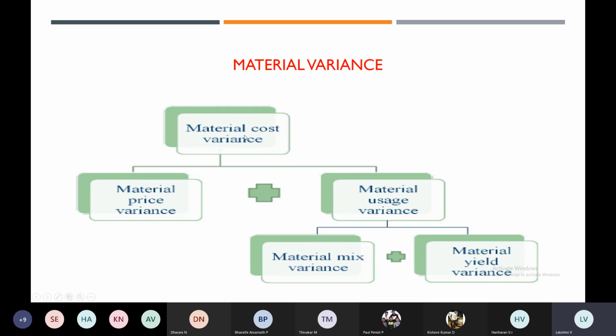Okay, so material cost variance na material price variance or material usage variance or சேர்ந்தது தான் material cost variance. Material usage variance கீழ பாத்தீங்கன்னா it is material mix variance, material yield variance, இது ரெண்டும் சேர்ந்தது தான் வந்து material usage variance. So like this they are classifying your material variance.